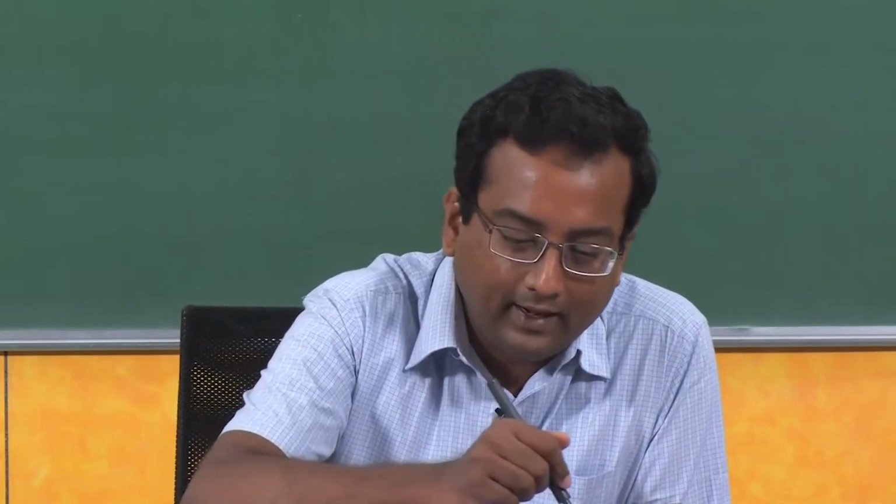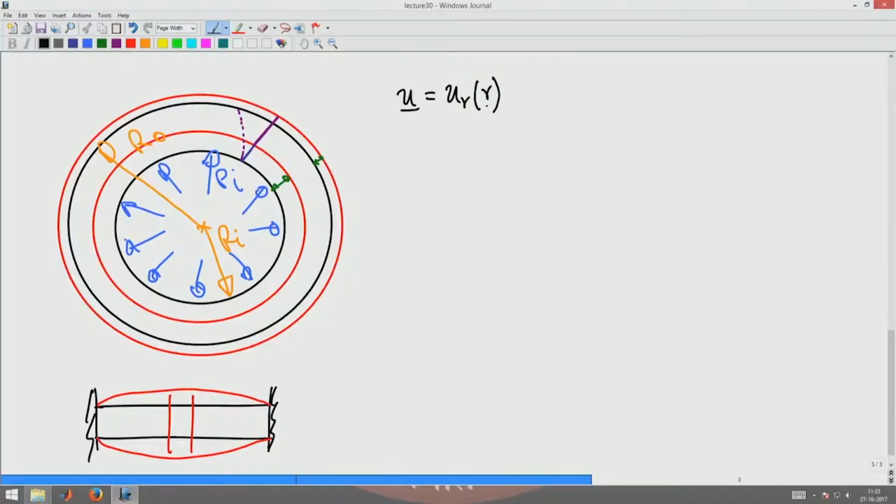And hence we say that this radial displacement is dependent only on the radial location of the point, u_r(r) times e_r, plus we assume that the straight line is not deforming into a curved line. So there is no tangential or circumferential displacement of the point, so it is 0 times e_theta.